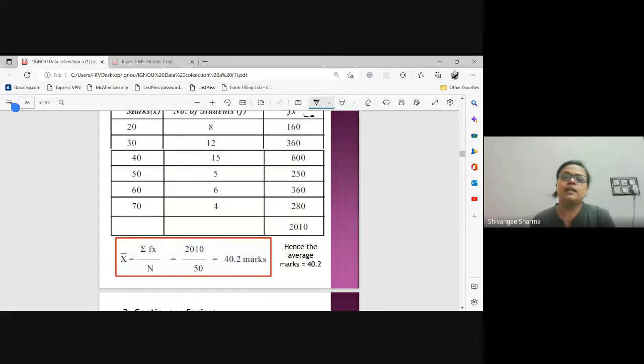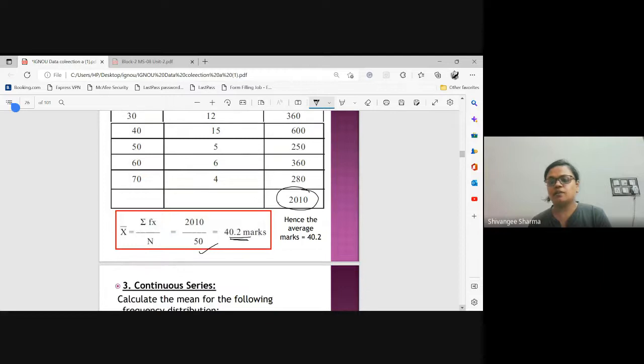You will multiply x with f and write in the third column correspondingly for all the values. Then you will add them, and then you divide by n, which is the summation of all the frequencies. Then you will get the average marks, which is 40.2 in this case. I hope this is clear to everyone.